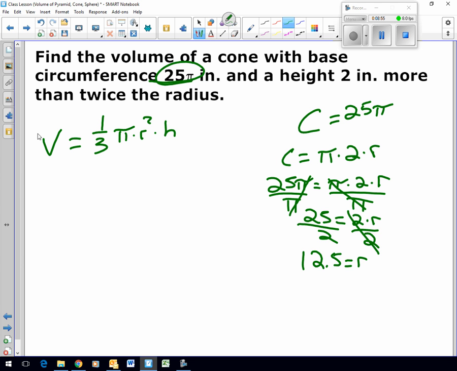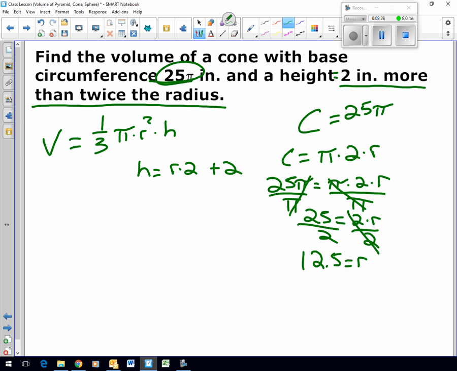Your height, and you gotta read. The height equals what? 2 inches more than. What does that mean? Write me an expression or solve it. Either one. 12.5 times 2 plus 2.